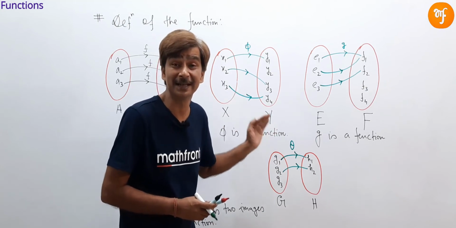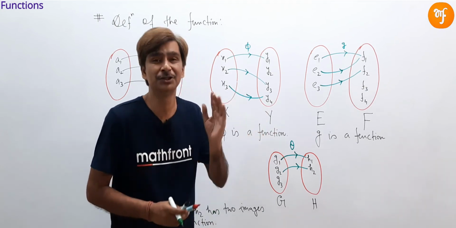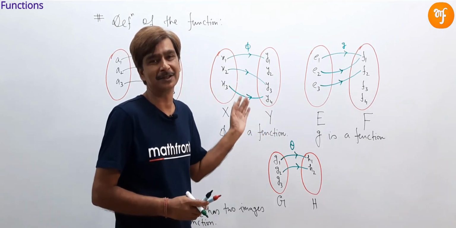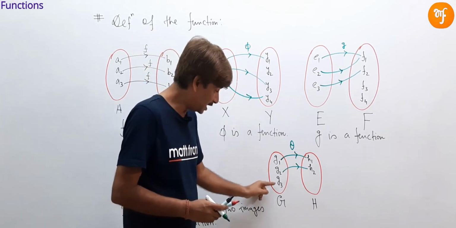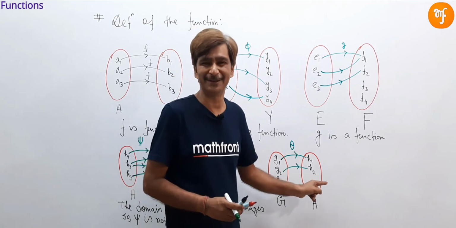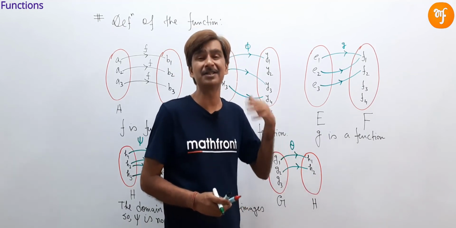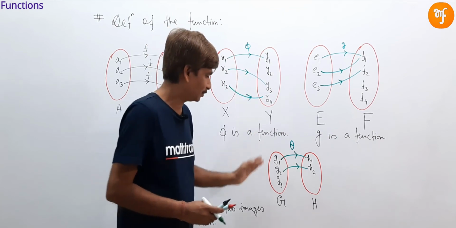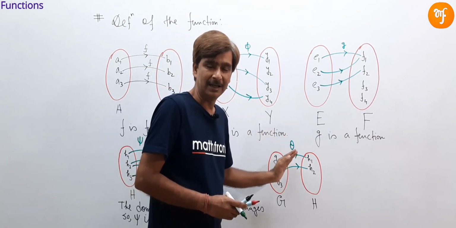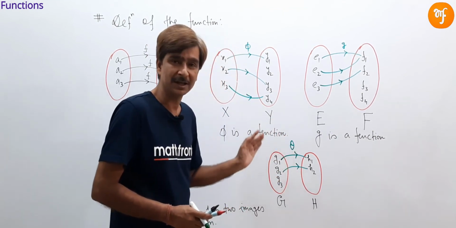Now, whether this relation is a function or not, surely theta is not a function here, it is just a relation, because the domain element G3 has no image in the codomain. Is it? That is, the first condition of the definition of the function is already violated here. So, theta is just a relation, not a function.